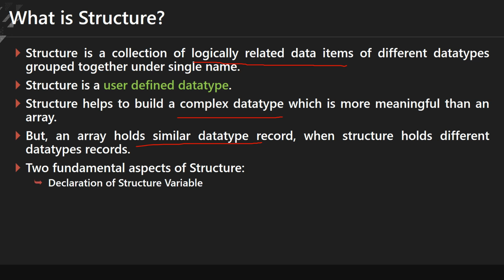There are two fundamental aspects of structure. One is the declaration of the structure variable, and the other is how to access a structure member. Under the structure name we have records of different data types available. Those records are called structure members.